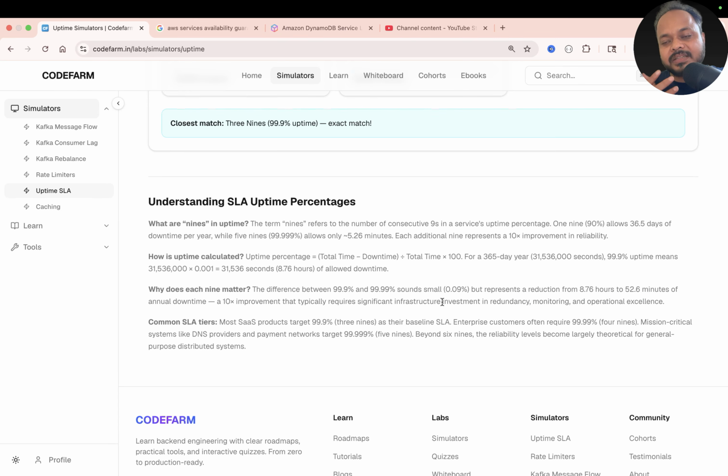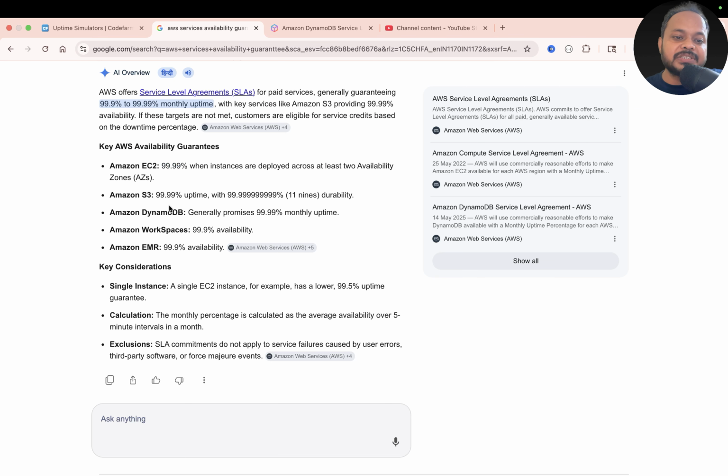And this impacts the customers: if the downtime exceeds that, there is some fine or other form of compensation the provider has to give. For example, DynamoDB provides 99.99% availability. If that availability comes down to 99.98%, then Amazon has to compensate the customer, because they are breaching their agreement.